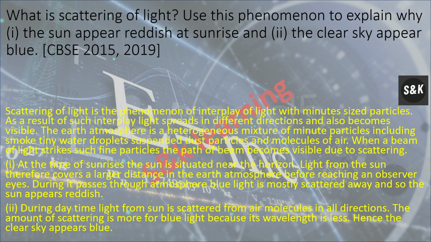The Earth's atmosphere is a heterogeneous mixture of minute particles including smoke, tiny water droplets, suspended dust particles and molecules of air. When a beam of light strikes such fine particles, the path of the beam becomes visible due to the scattering. At the time of sunrise the sun is situated near the horizon. Light from the sun therefore covers a large distance in the Earth's atmosphere before reaching an observer's eye.